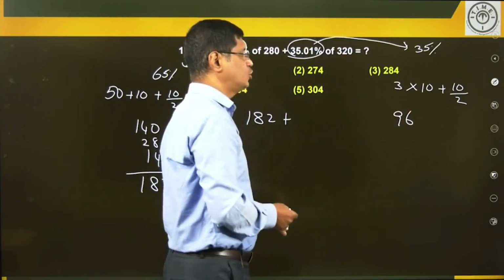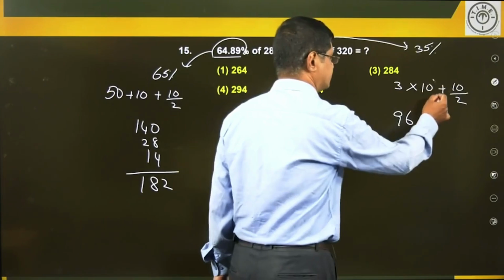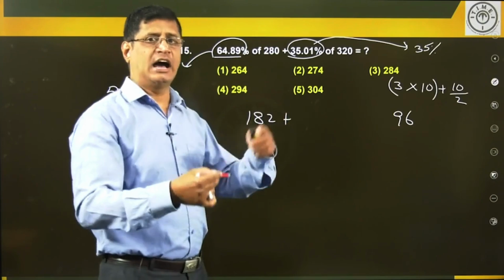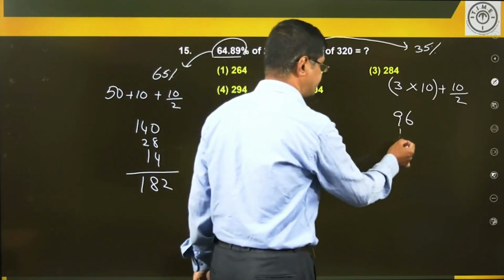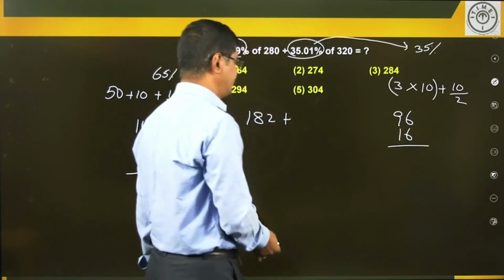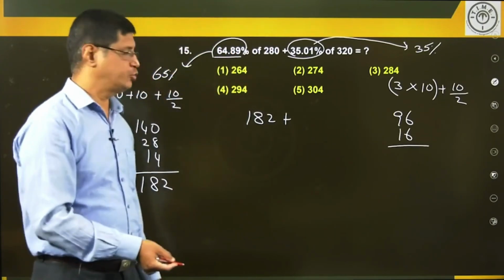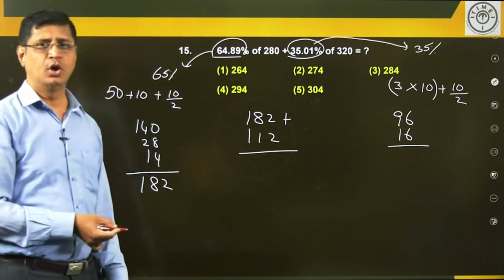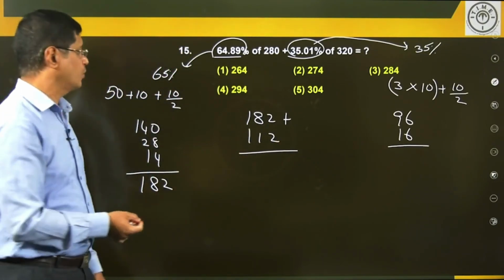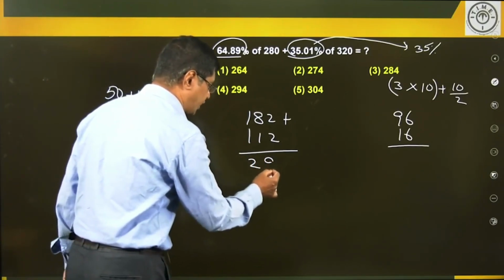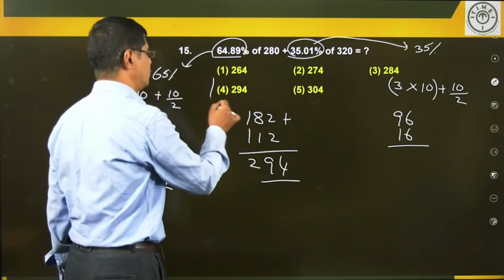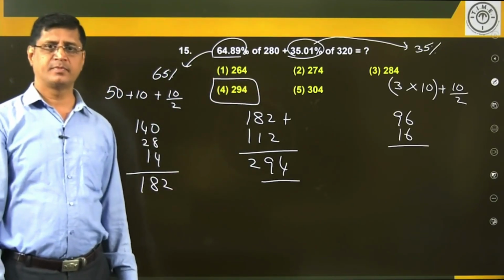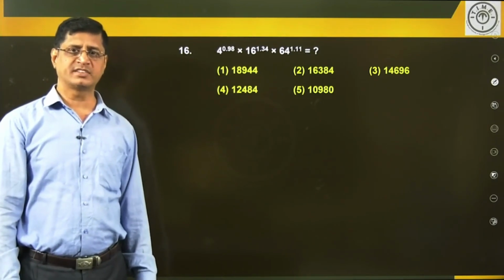And 10% is equal to 32. Half of the 32, that is 16. Now, what is the result? The result is 112. So 112 plus 182, the sum of these two is 294. So for 294, the right choice is option number 4. Choice 4 is the correct answer. Okay. Now, look at the next example.